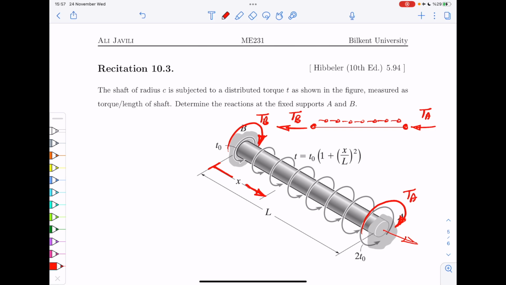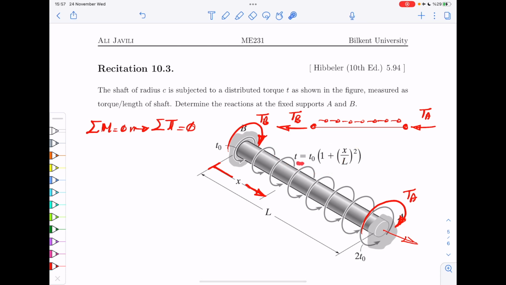Okay, so our equilibrium equation. The equilibrium equation is our first equation, and that would be, as I said, the sum of the moments is 0, which in this case means the sum of the torques is 0. So what are the torques that we have here? There is this external torque that we apply, okay?